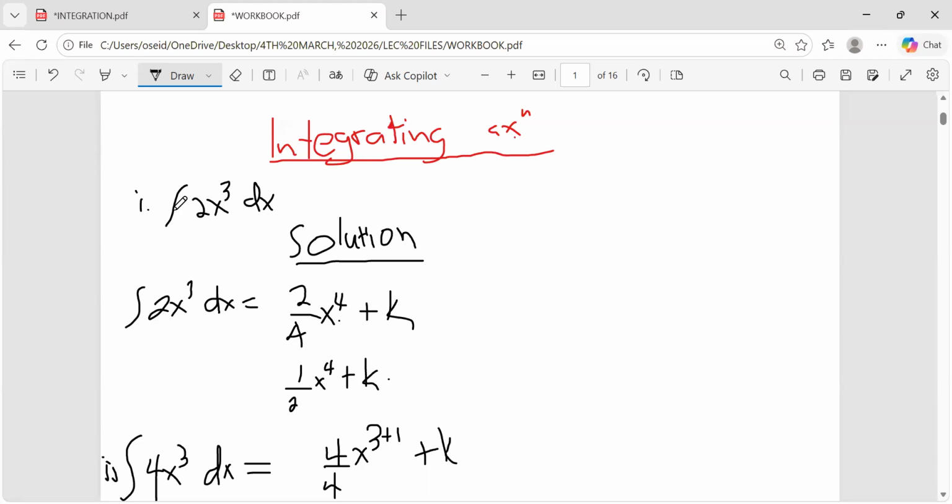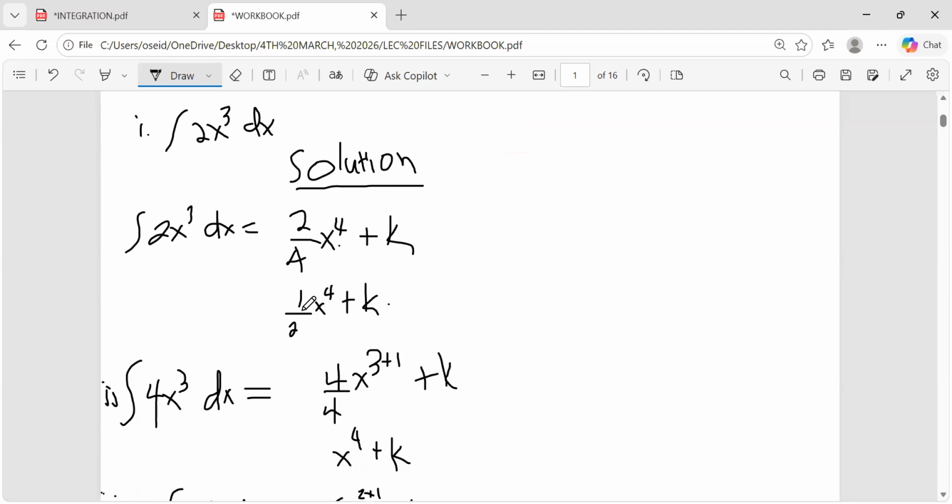If you look at example 1, we have power 3. When we add 1 to power 3, we have 4. Then we divide by the coefficient, which was 2, and 2 can go into 4. That's why we have the half here.